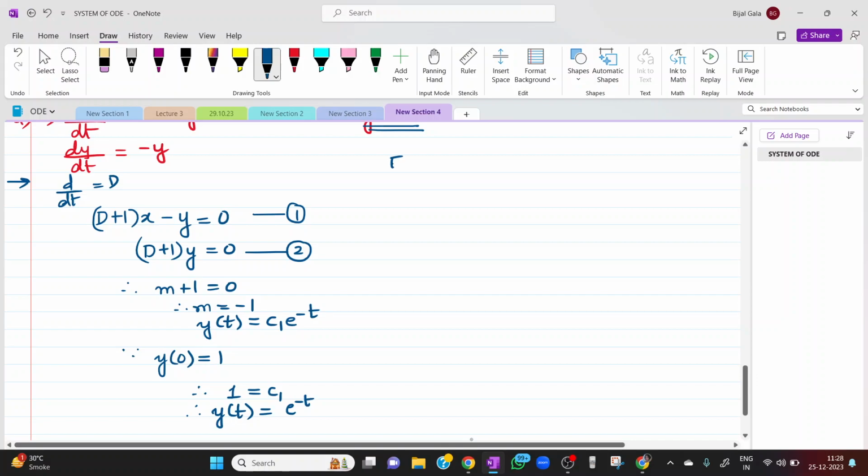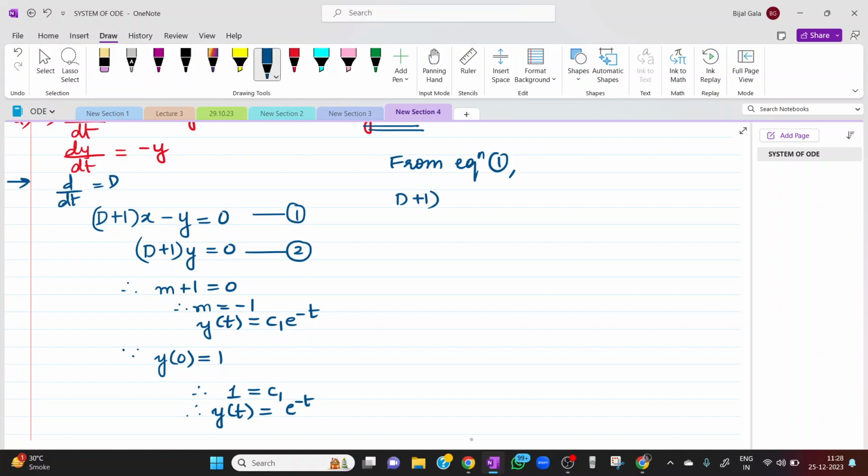Now let's use equation number 1 to find x. From equation number 1, (D plus 1) applied to x is equal to y, which is e raised to minus t. Is that correct? Any difficulties?